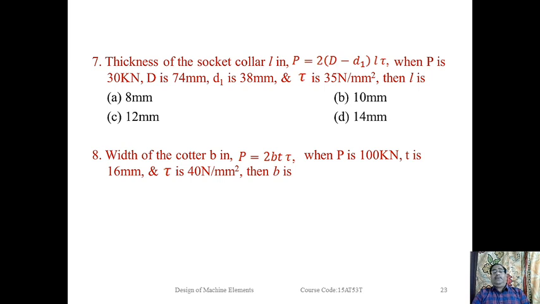Then the value of B is: A, 69 mm; B, 79 mm; C, 89 mm; and D, 99 mm. After calculating, we get B equal to 79 mm, which is the second option, B. So B is the correct answer.